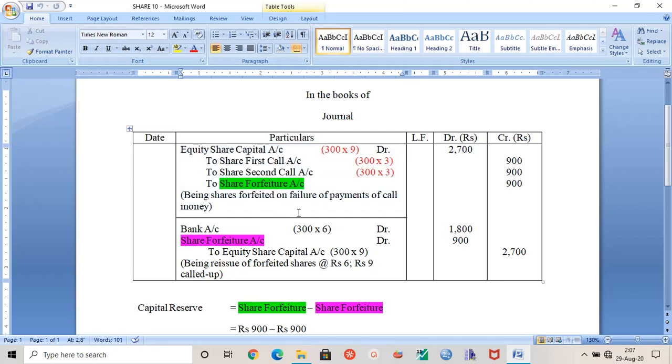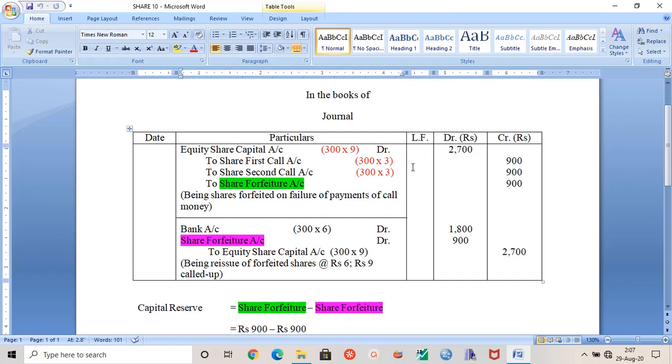In this particular question, 300 shares failed to pay the first call money as well as the second call money, and rupees 9 has been called up till now. So 300 into 3 for the first call, 300 into 3 for the second call, and rupees 9 has been called on these 300 shares, so it will be 2700.